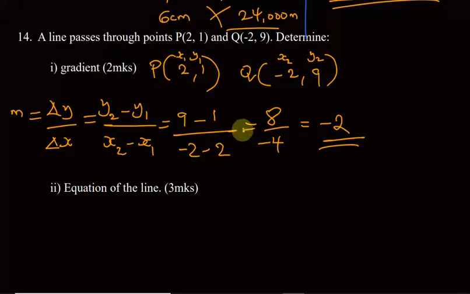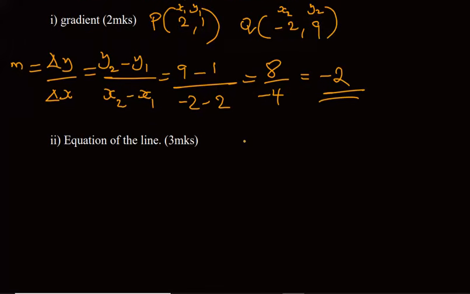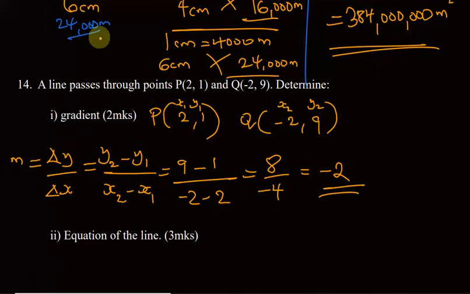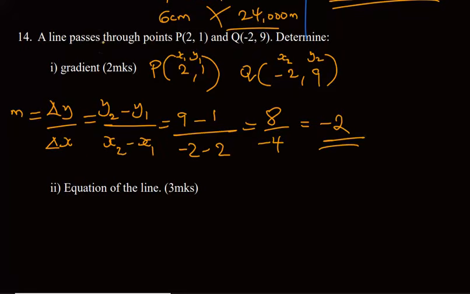That is the answer for part Roman 1. Roman 2, find the equation of the line. Equation of the line is easy. What you can do, we just pick any coordinates, either P or Q. Let's pick the first one, P. So P is (2, 1).